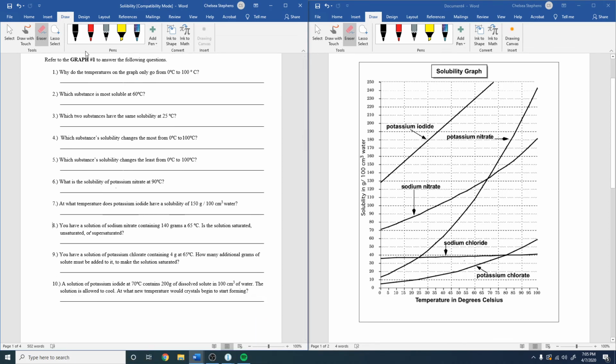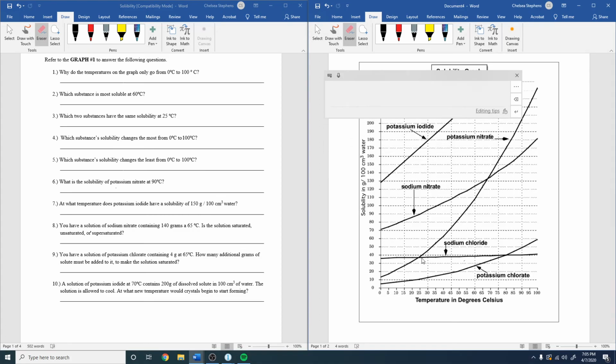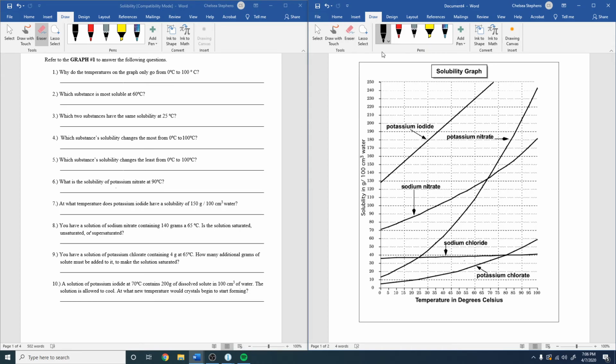So let's talk about this real quick. Number 3 says, which two substances have the same solubility at 25 degrees Celsius? So I go to 25 degrees Celsius, go up, and right here I have two substances that cross. Oh, I have my eraser on.